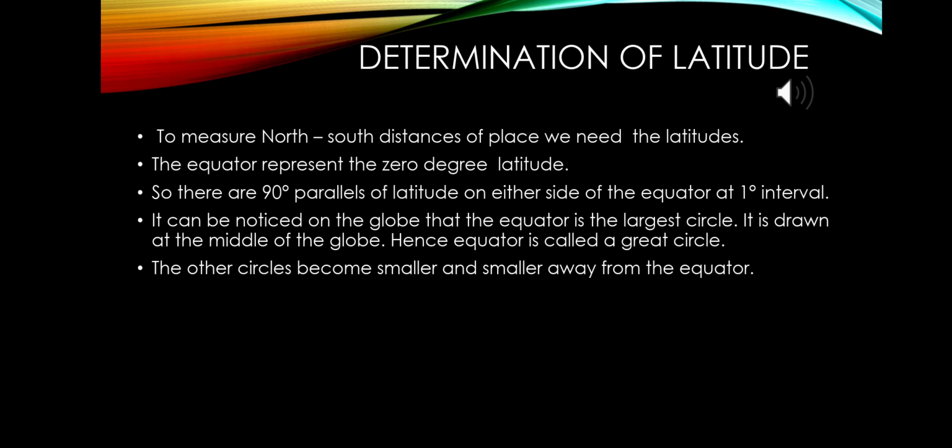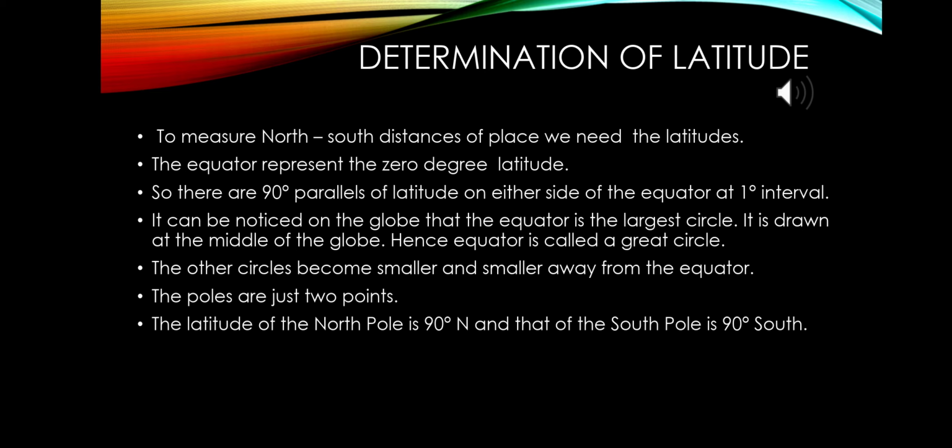Okay, and the other circles become smaller and smaller as they get away from the equator. The poles, as we know, are only points, 2 points. The North Pole is 90 degree north, that is a point, and the South Pole is 90 degree south, that is also a point. From the center of the Earth we can draw angles, say at 10 degree intervals, as in the figure.